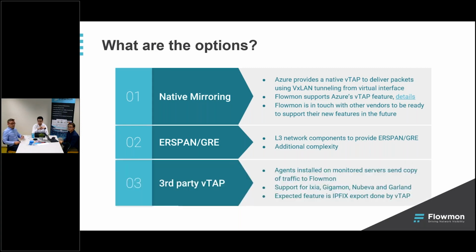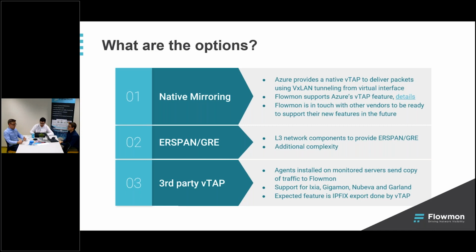And the last option, how to get to the raw traffic, is the third-party vTAP or third-party traffic mirroring, or however you want to call that. We can see different vendors offering this service.